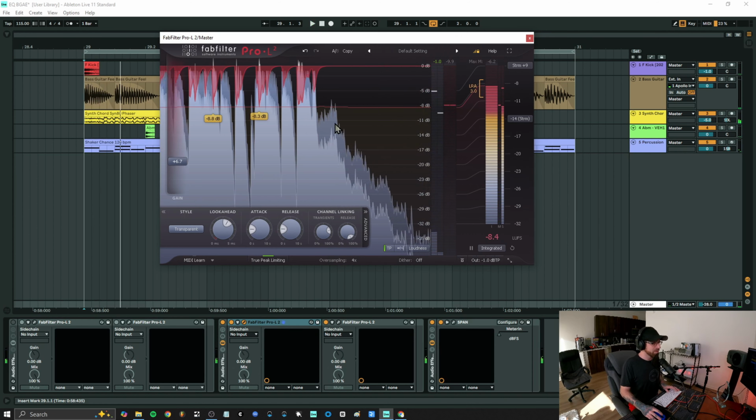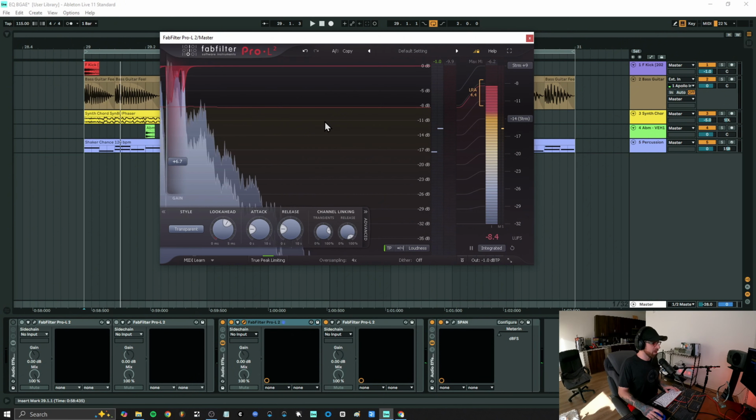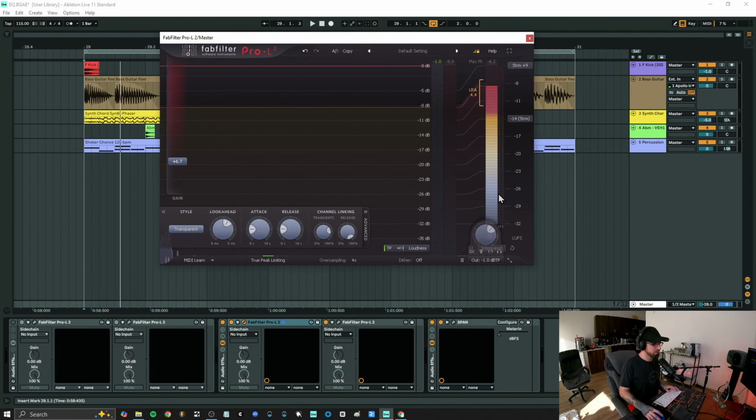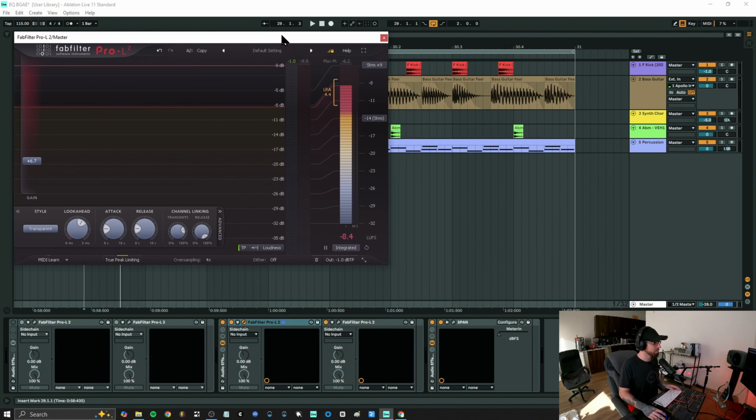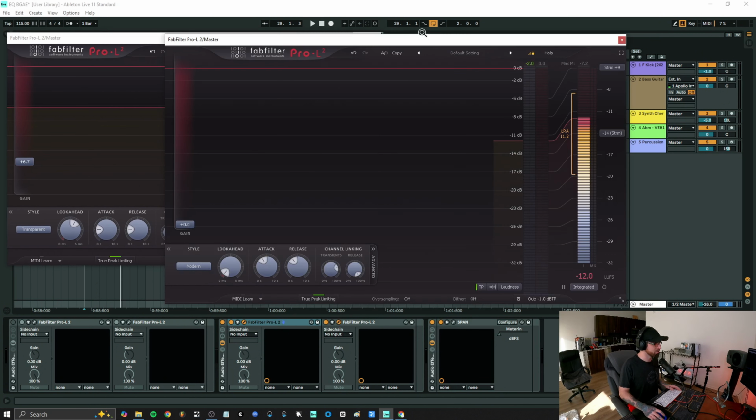So we got quite a bit of limiting out of this limiter without getting too much distortion. And as you can see now, we're at negative 8.4 LUFS. So Spotify is going to turn us down to that negative 14 LUFS mark. So let's go ahead and do that.